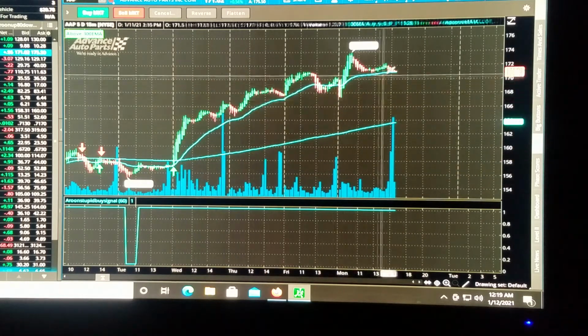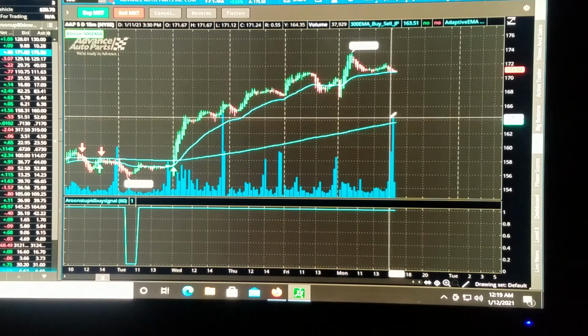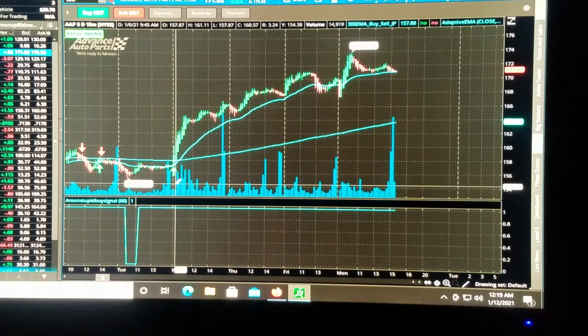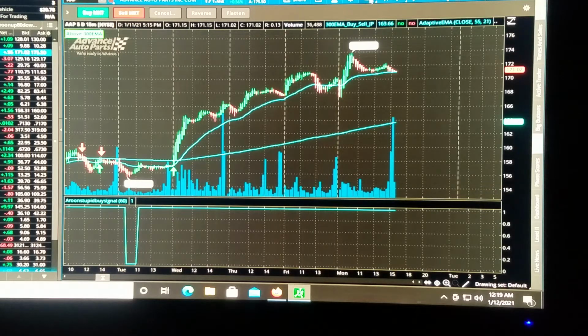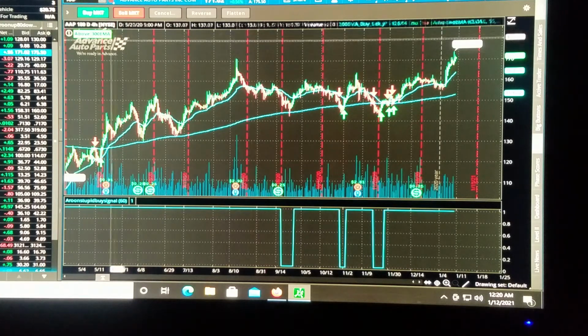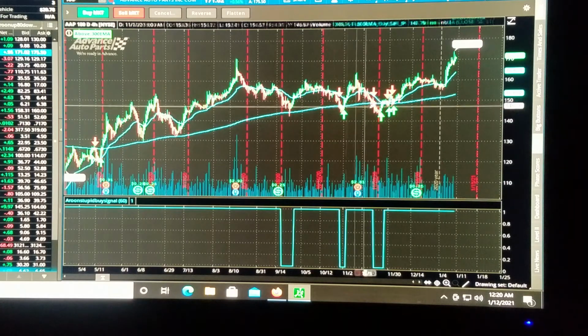We got some big time overextension here, but I mean, look at it. There's buying power. People want it. Yeah, we should take this 300 EMA and turn it into a watch list.